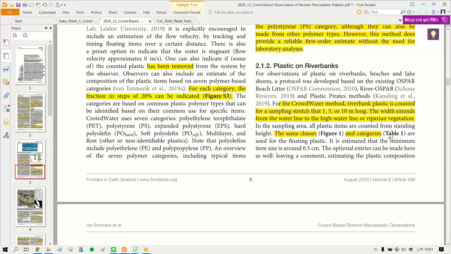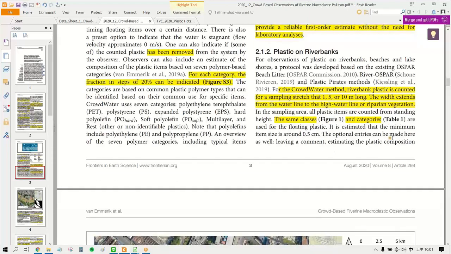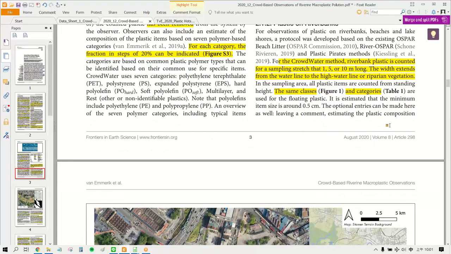Some people don't know if that should count or not. They use the same classes and the same categories as the floating plastic method.